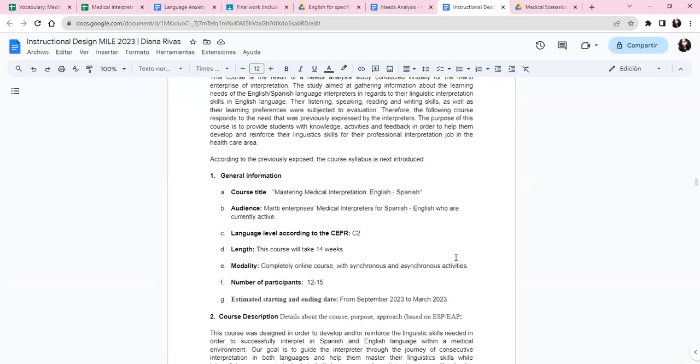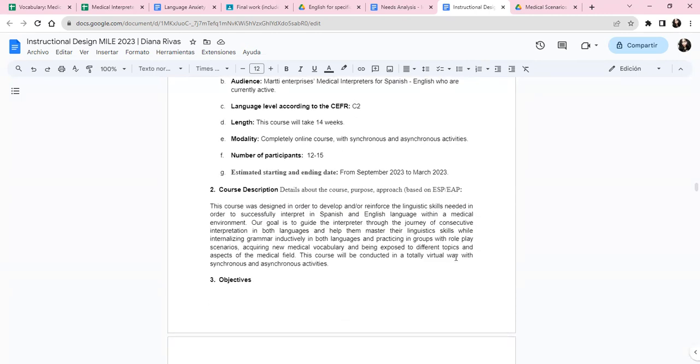And the title of this course will be Mastering Medical Interpretation, English to Spanish. And these interpreters will have to have a language level of C2 according to the European reference.